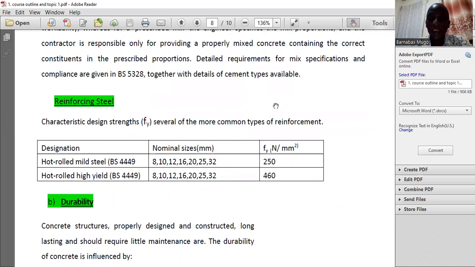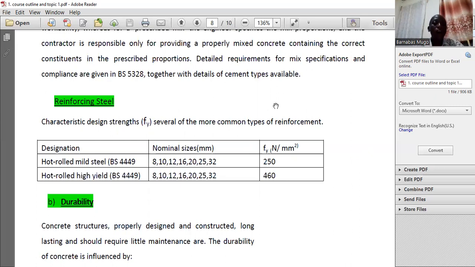And this Fy can be either 250 Newton per millimeter squared or 460 Newton per millimeter squared. This is dependent on the way that the reinforcement material has been prepared. For example, hot rolled mild steel has an Fy of 250 Newton per millimeter squared. That is, the characteristic strength of the reinforcement is 250 Newton per millimeter squared.